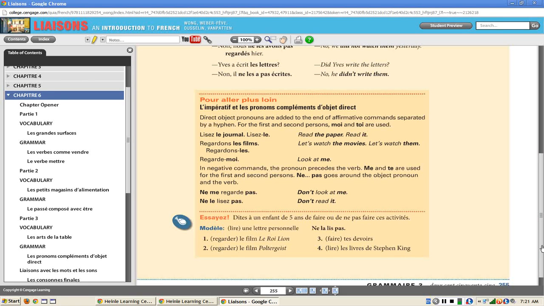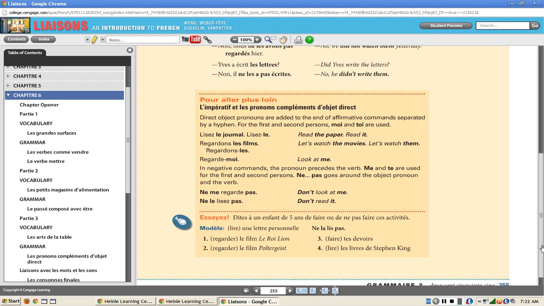So if the affirmative command is regarde-moi, the negative command is you put in the ne, and then you: ne me regarde pas. If the affirmative is lisez-le, the negative is ne le lisez pas.